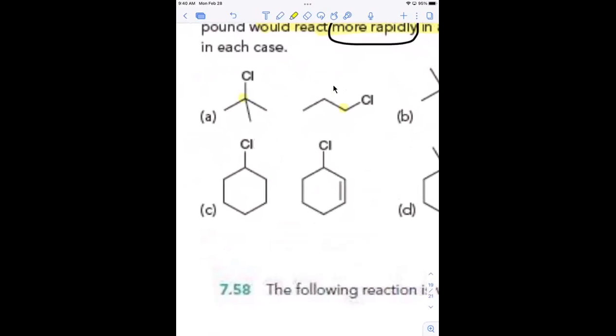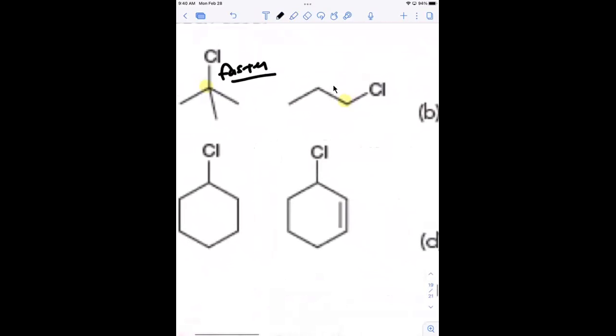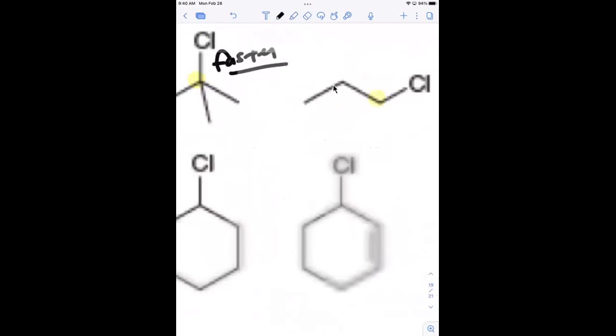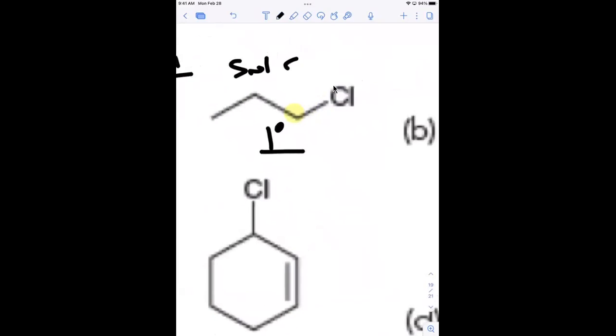The first one. This one? Okay, I agree. Why? Because it's more stable since it's a tertiary carbocation. Yes, so a tertiary carbon is going to produce a tertiary carbocation, which is good. This is a primary carbon, and remember, SN1 does not happen on primary carbons.